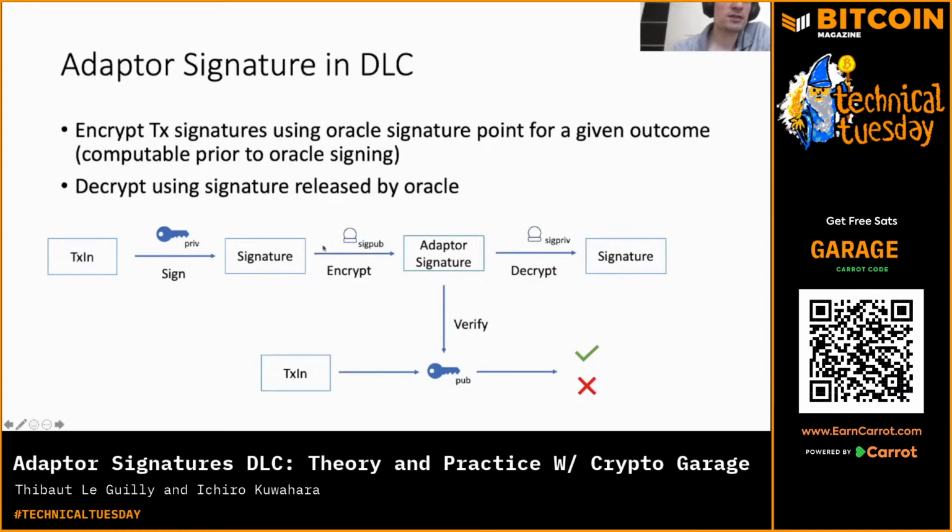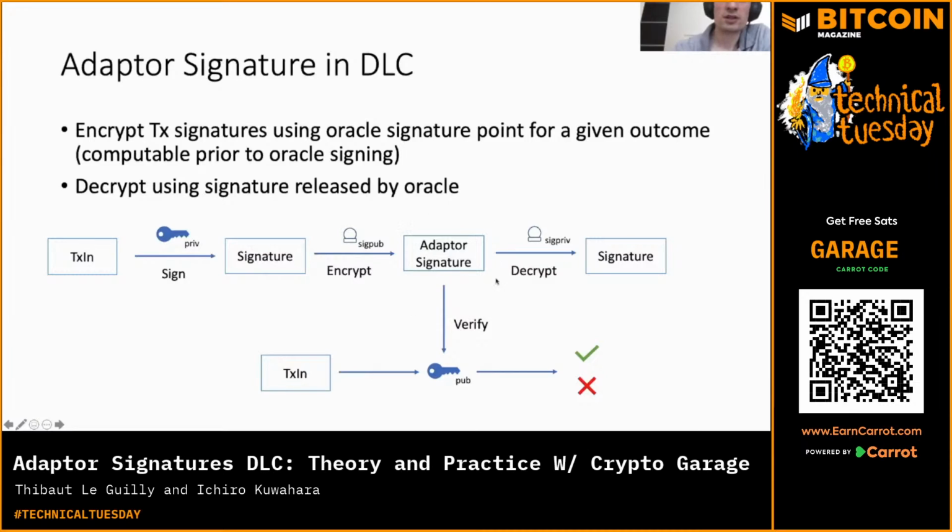You sign this, you get a signature, and here you're going to encrypt this signature using the Oracle signature point, which, if you recall, you can compute using the info on the outcomes. So here you're going to create as many adapter signatures as you have possible outcomes.